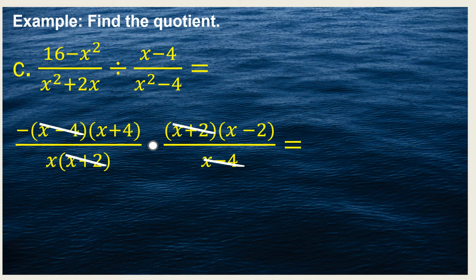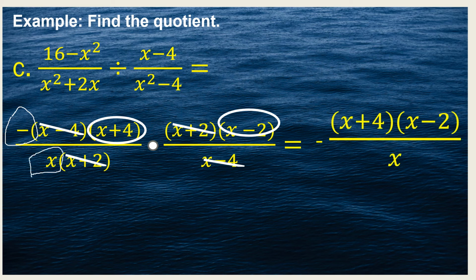Next, ang kasunod po natin, since wala na po tayong makakancel out, you just write the remaining terms na naiwan doon sa iyong partial answer. Ang remaining natin ay ang x plus 4 and x minus 2 together with the sign. Kasama pa rin po yung sign. Then we have x sa baba.